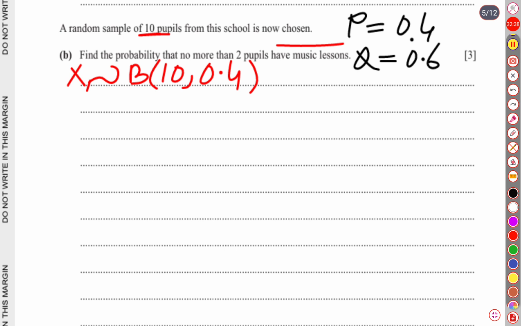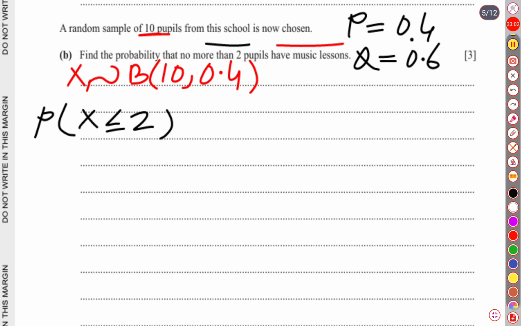Well, let us find our probability. Probability of X, there are total 10. What is written? No more than two people. Sorry, it is not more than, it is no more than two people. No more than two people means it is maximum two people or less.